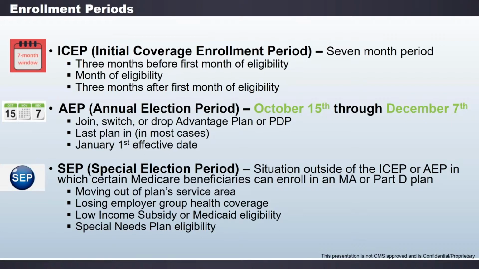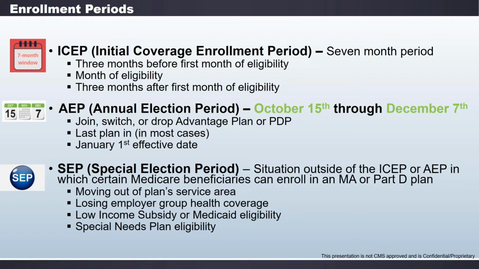So we have the ICEP, which is the initial coverage enrollment period. This is for the 7-month period. So it's the 3 months before the month of eligibility, which is the birth month, and then 3 months after the first month of eligibility. And then we have the AEP, the annual election period, October the 15th through December the 7th.